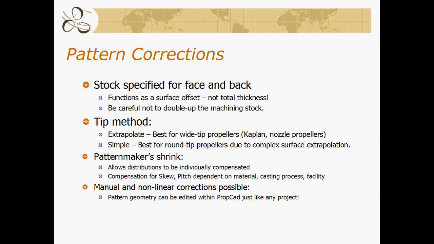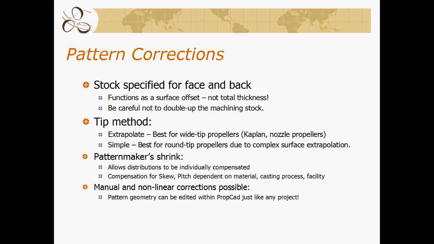We can also correct for pattern maker shrink, and we can correct distributions such as chord and thickness individually from skew and pitch. And compensations for skew and pitch are dependent on the material, the casting process, the facility, and also the propeller geometry.